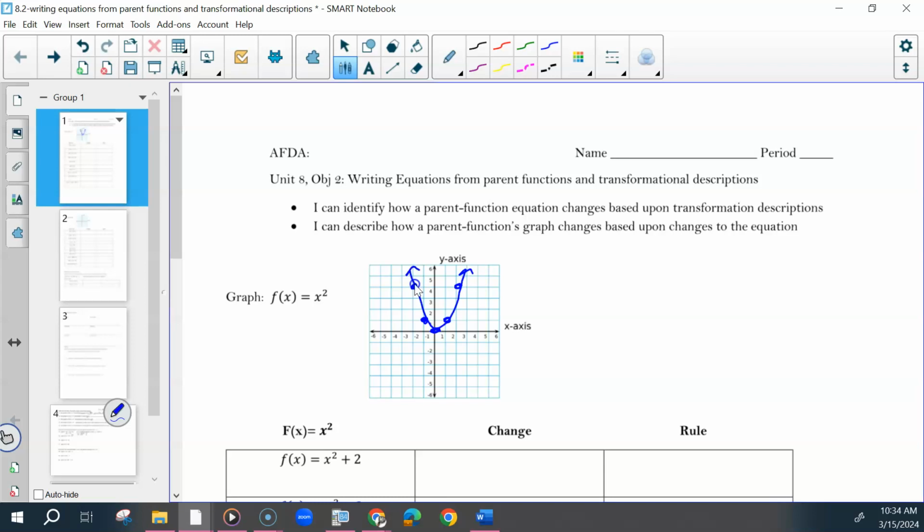So when we talk about the parent function, the quadratic x squared, this is what it looks like when nothing else happens. When nothing is changed, yes. This should have been under this. Now we're going to do a bunch of different things and see what happens. So I'm going to keep this in my calculator so I can compare it to all the other ones.